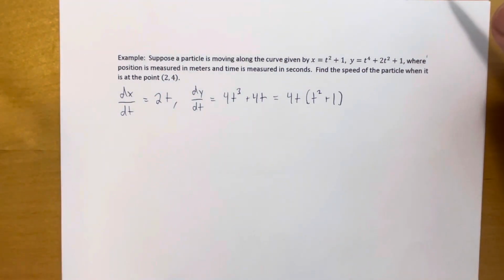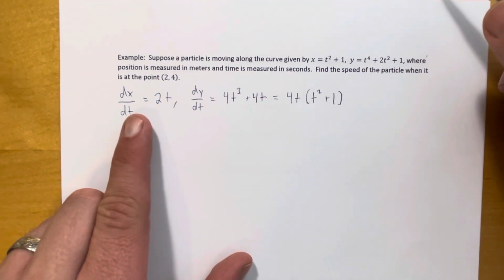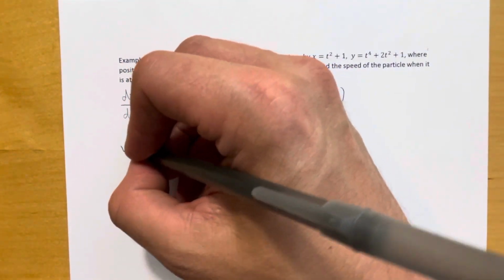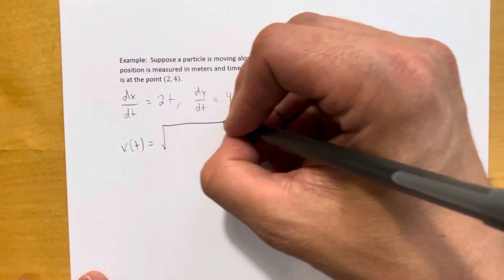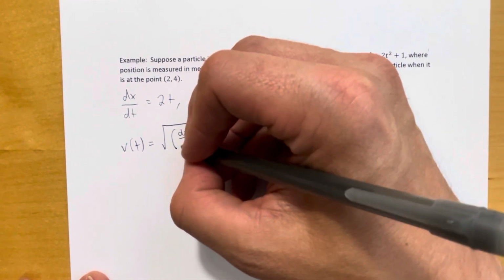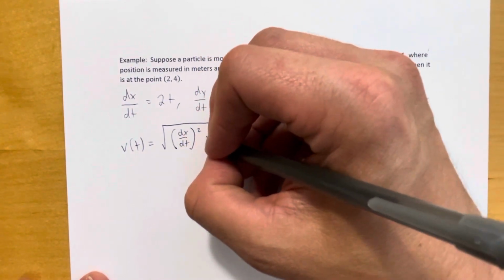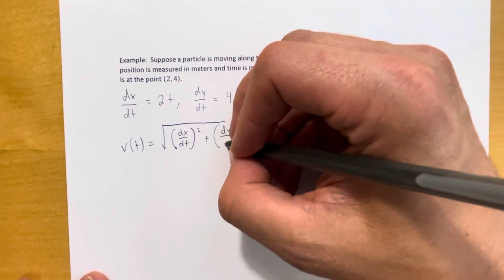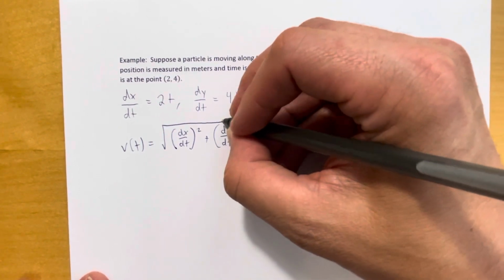So now what we want to do is come up with our velocity, or our speed function. v of t is equal to the square root of (dx/dt) squared plus (dy/dt) squared. Okay?